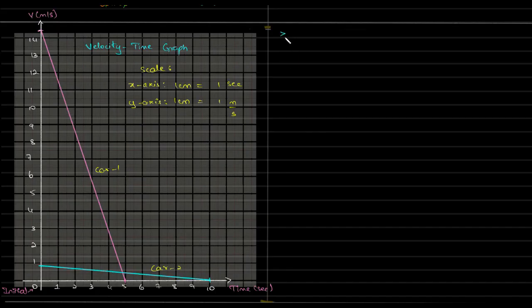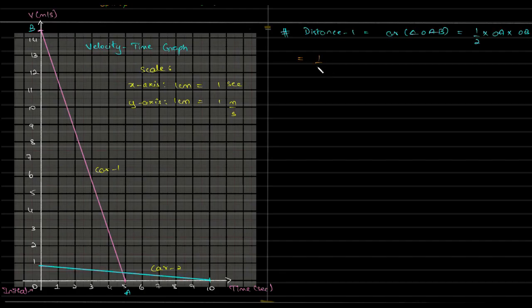Okay, and now we have the calculation of the distance traveled. So we have distance 1 will be equal to the area of triangle OAB. So that would be OA and that is B. So this is equal to half into base, OA, into OB.